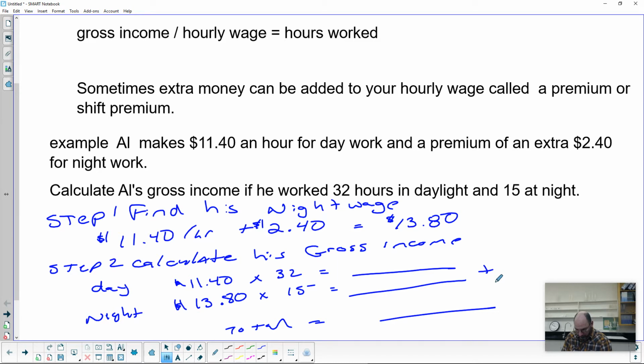Make sure you're always writing out what you're doing. That's 364.80. And then 13.80 times 15, that's 207.